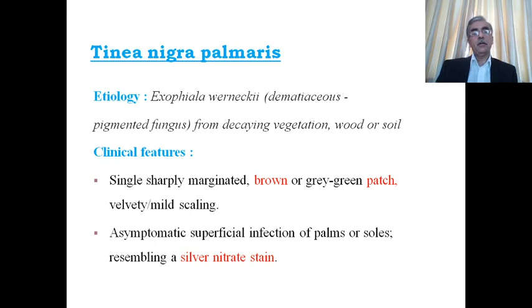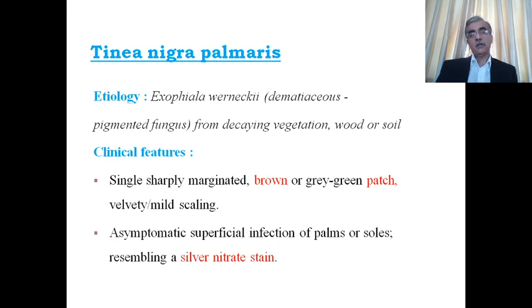Then another superficial fungal infection, which is Tinea nigra. Although this is uncommon, we rarely see any patient in ROPD. As we see plenty of patients with tinea versicolor or Pityrosporum folliculitis, this tinea nigra is a less common or rare fungal infection. This is caused by a pigmented fungus, which is Exophiala werneckii.